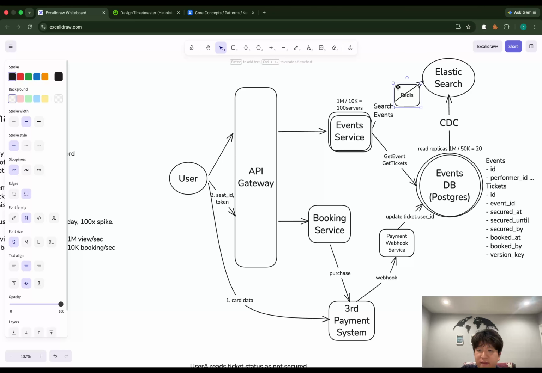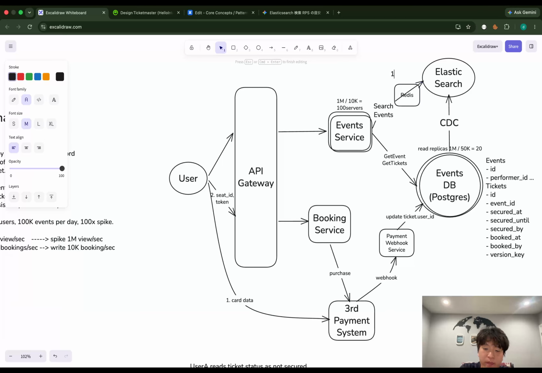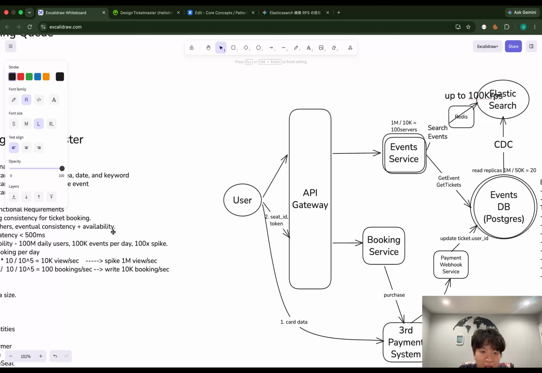And for Redis, Redis can handle around 100 million. No, 100. Let me check. Okay, so Redis can basically handle something like 100K requests per sec. In the time of spike, we need 1 million views per sec.